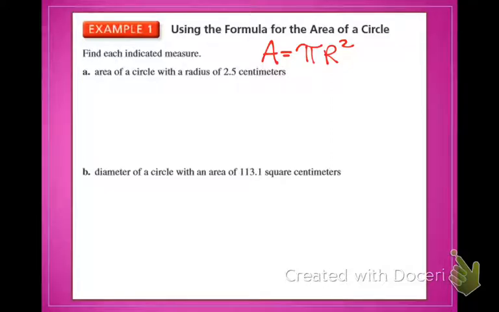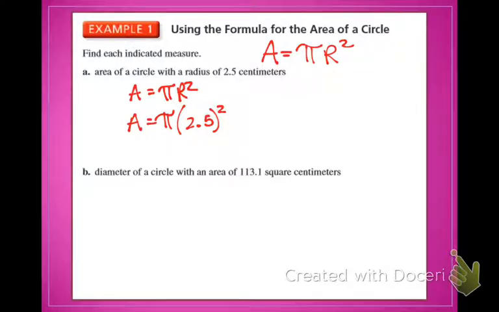All right, so you're going to be doing the same thing that you did with circumference. Find the area, find each indicated measure. Find the area of a circle with a radius of 2.5 meters. So we're going to write the formula. Where does 2.5 get plugged in? R, because it's the radius. So pi times 2.5 squared.